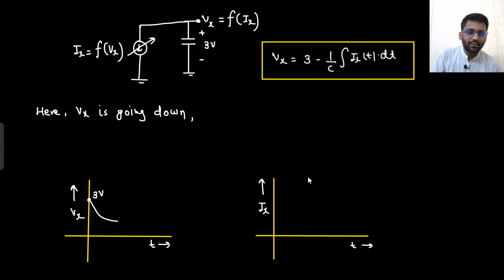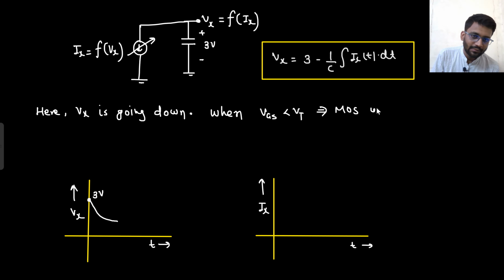Till what voltage will it go down? When your VGS is less than Vt, what will happen? The MOS will be turned off. And if the MOS is off, how will you replace the MOS? This was your cap, and your MOS will be open circuited, right?